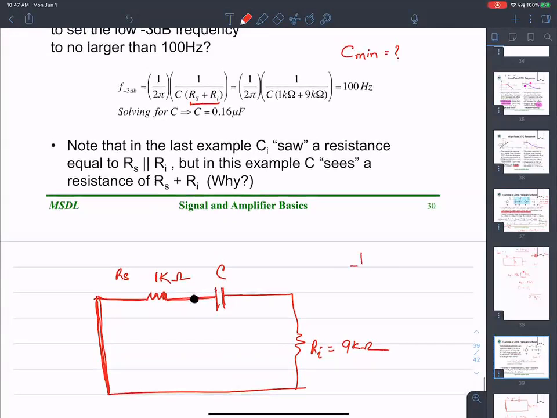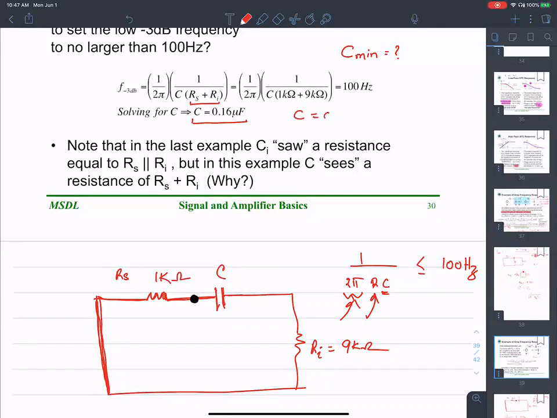So I'm interested in finding 1 over 2 pi RC, and I want that to be less than or equal to 100 hertz. I know the value of R, which is the sum of 1K and 9K, and I know the 2 pi constant. I should be able to figure out the value of C, which comes out to be 0.16 microfarad.